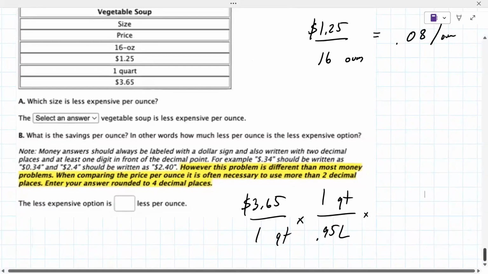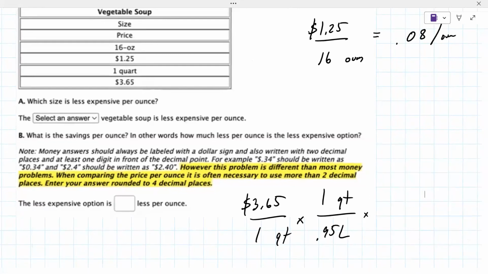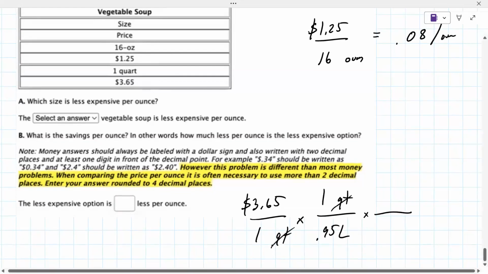Let me backtrack here. So 1 quart, got to match it top to bottom to top. And then in 1 liter there are 1,000 milliliters. There are 29.57 milliliters per ounce.